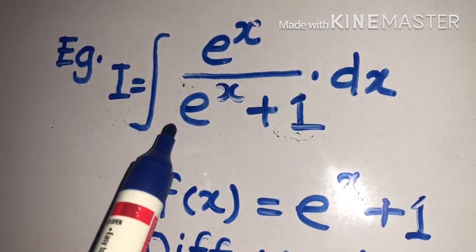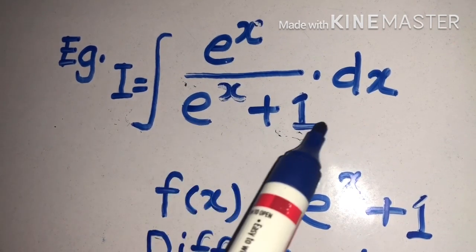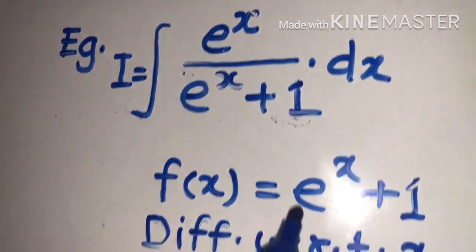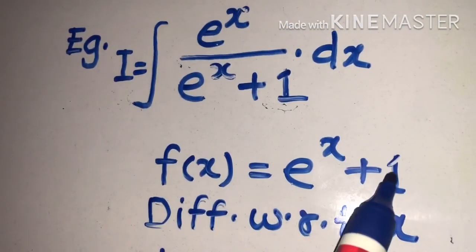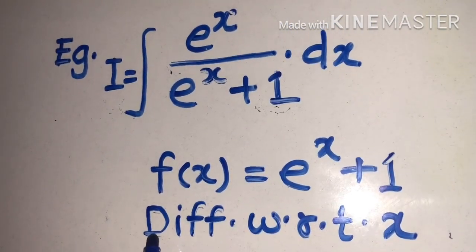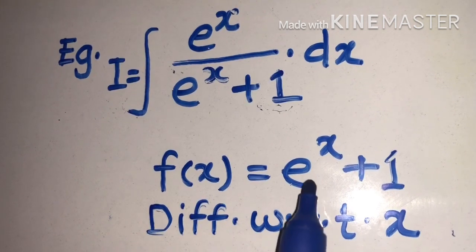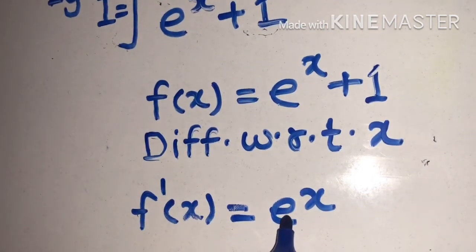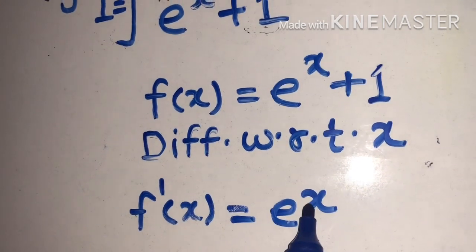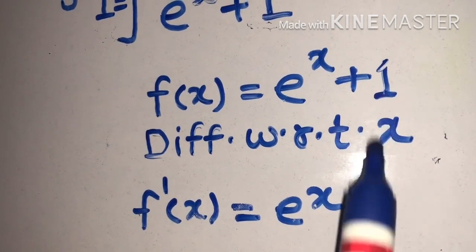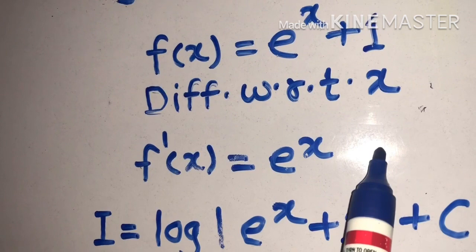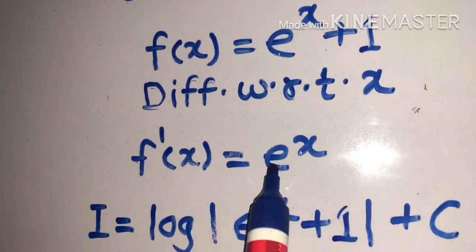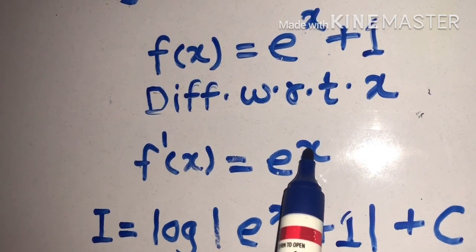In this question, if you observe the denominator, that is e raised to x plus 1, and if we differentiate it, e raised to x has a derivative e raised to x only, and 1 has a derivative 0, so no need of writing it.